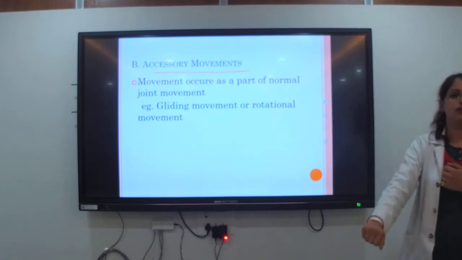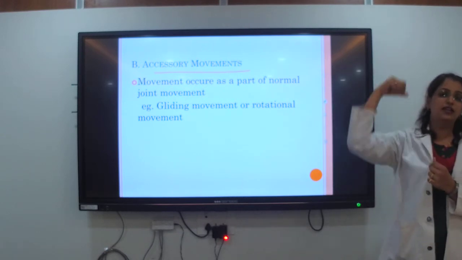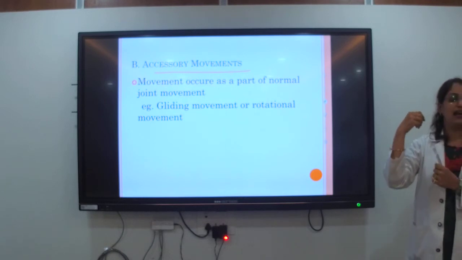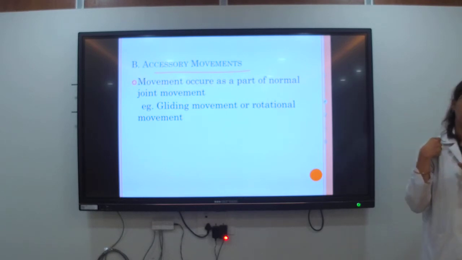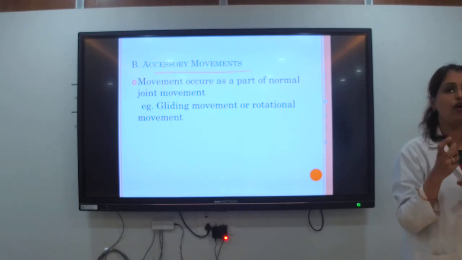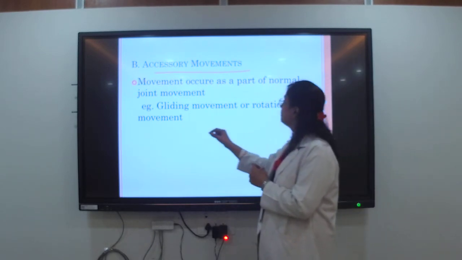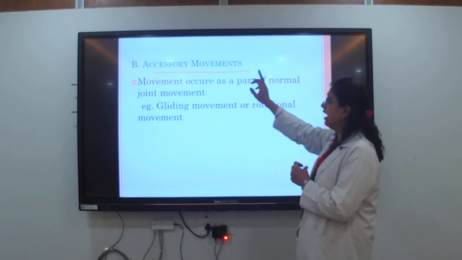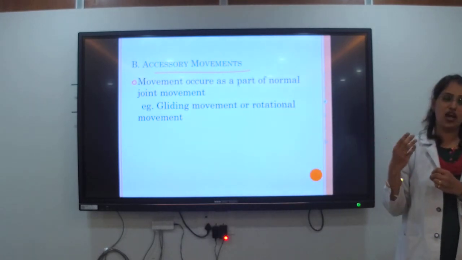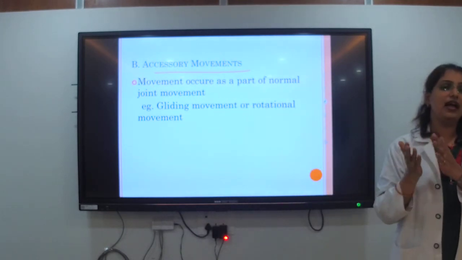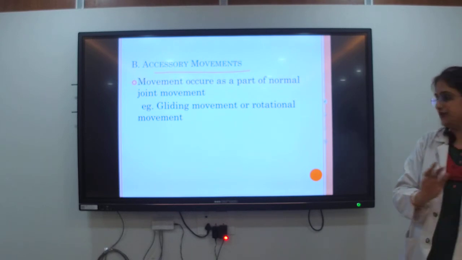When you are doing flexion, rolling and gliding of the head of the humerus occur. These are the accessory movements which occur along with your normal movements.